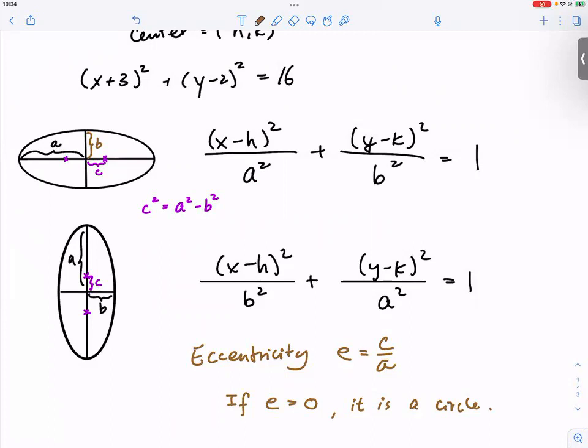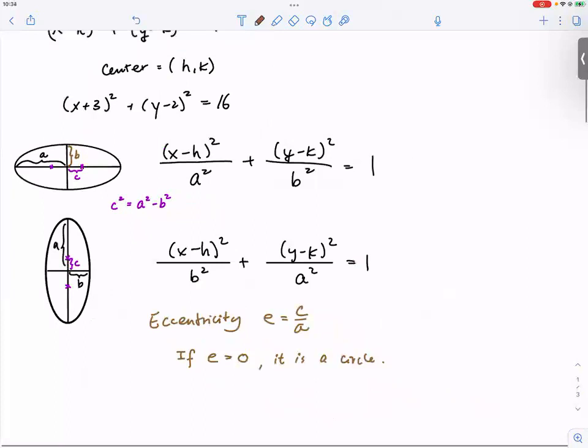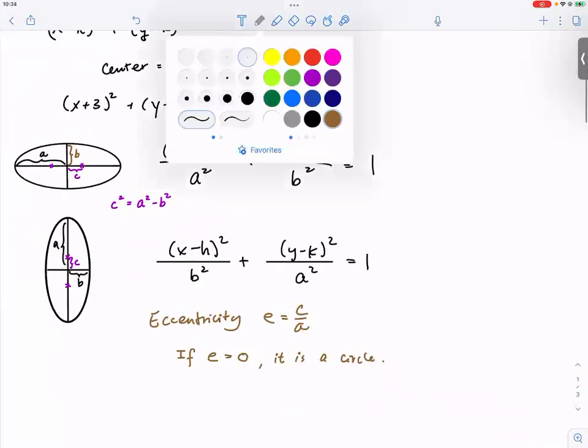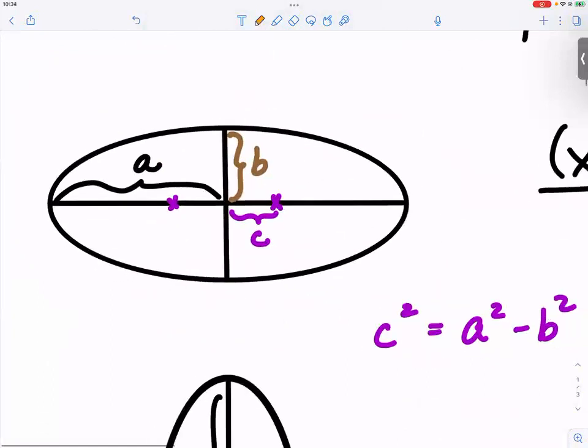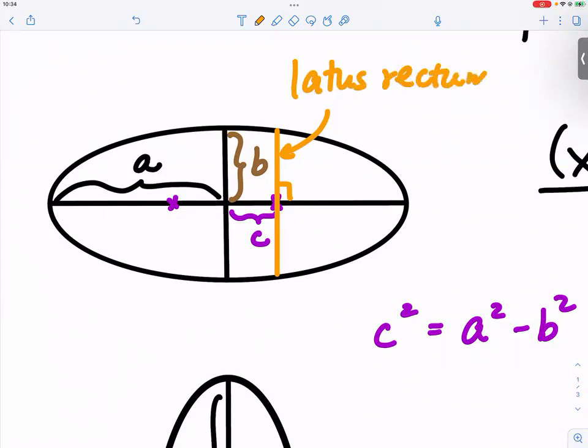All right, and there's one more thing. There's something called the latus rectum. Now, if you don't know how to draw it, you can go ahead and draw it. Again, the latus rectum is the line that cuts through the focus and is perpendicular to the major axis. And that is the latus rectum.